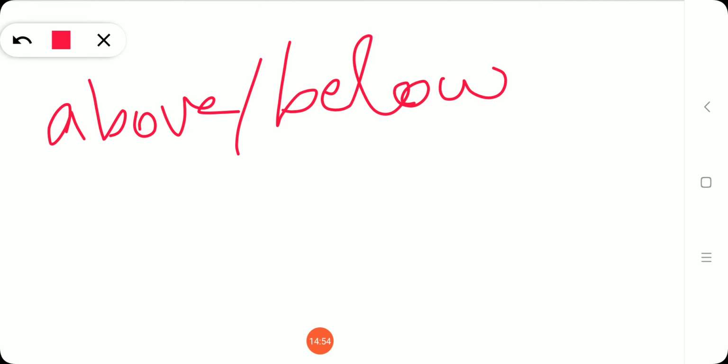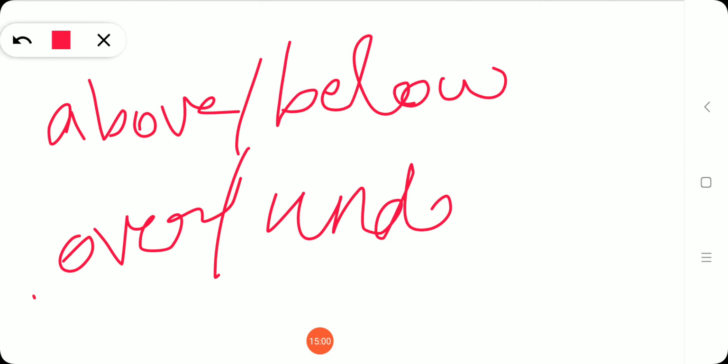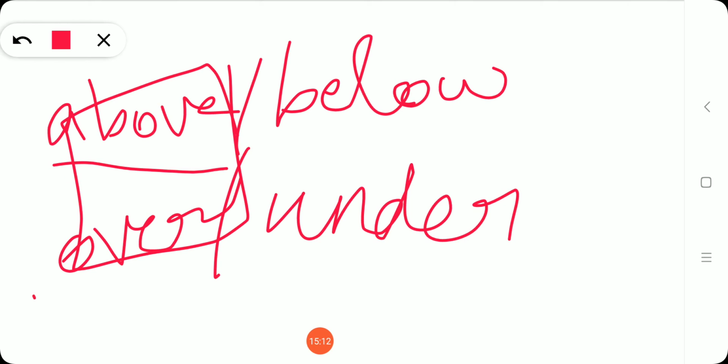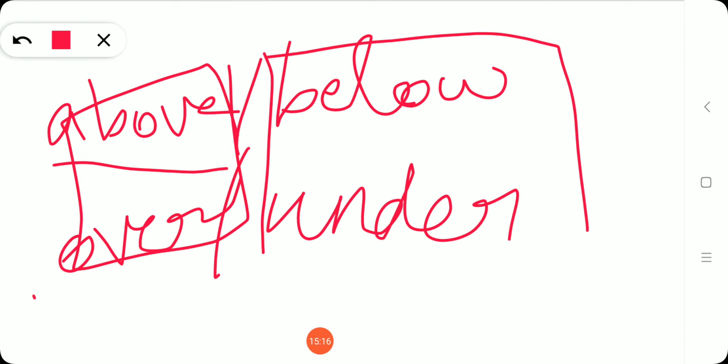Okay, similarly over and under can be used in opposite places. Okay, so in some places both above and over can be used. Similarly in some sentences both below and under can be used.